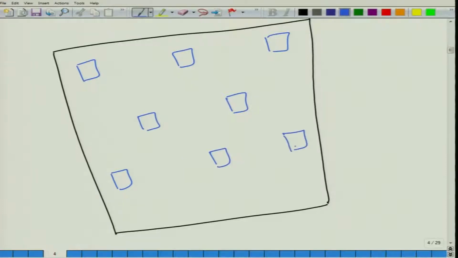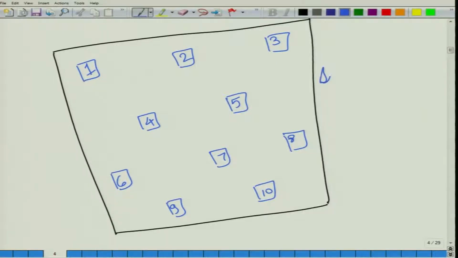So, we are talking about fixed area sample plots. At these locations we have taken our sample plots 1, 2, 3, 4, 5, 6, 7, 8, 9, 10. So, we have taken 10 sample plots of fixed area in this total forest stand.